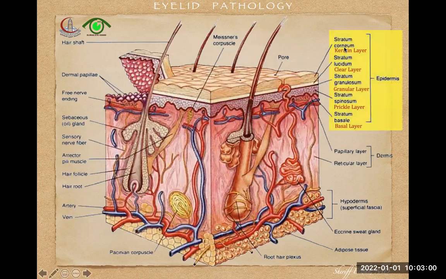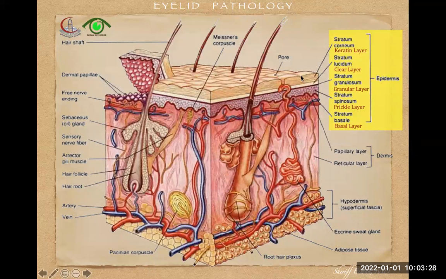The first is the stratum corneum, or the keratin layer. The second is the stratum lucidum, or the clear layer, followed by the stratum granulosum, or the granular layer, then the stratum spinosum, or the prickle cell layer, and the stratum basale, or the basal cell layer. So keratin, clear, granular, prickle, and basal.